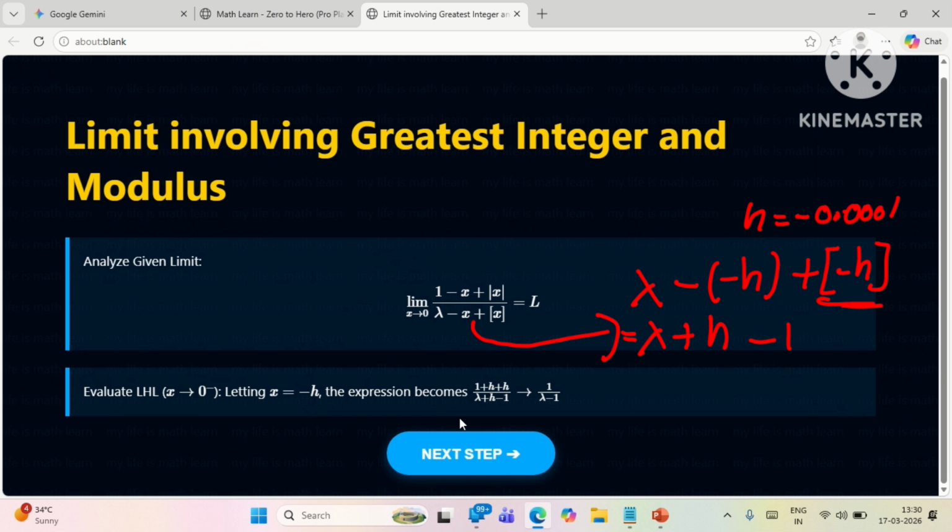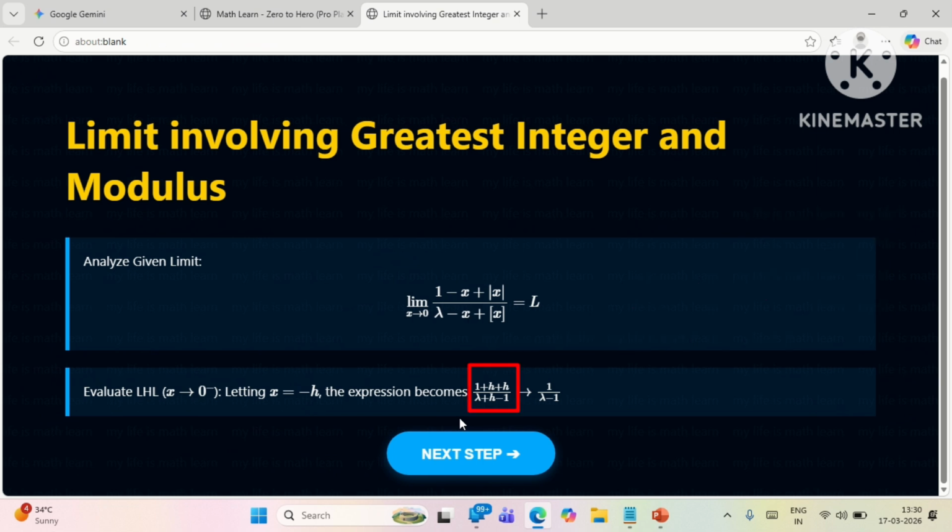Since h is 0.something, minus h is minus 0.something, so the step value will reach minus 1. Now it gives 1 plus 2h by lambda plus h minus 1. H is 0, so the answer is 1 by lambda minus 1.